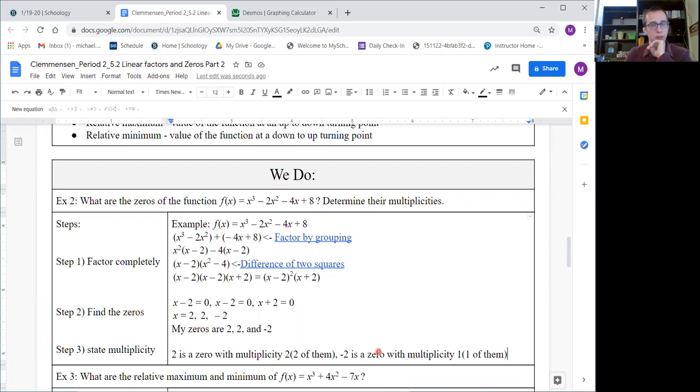Again, I just count up however many I have. So I had 2 2s, so I have 2 with multiplicity 2. I had 1 negative 2, so I have negative 2 with multiplicity 1. Anybody else with a question? These are great questions.